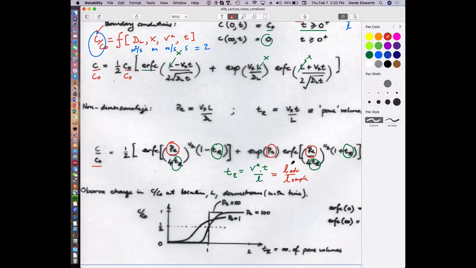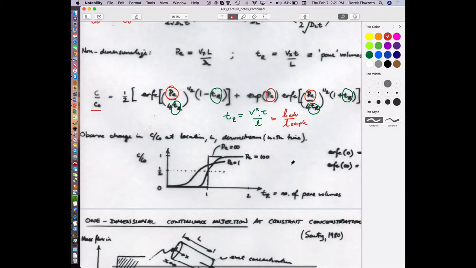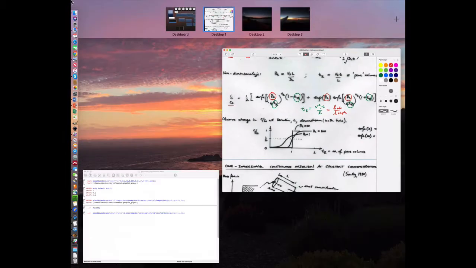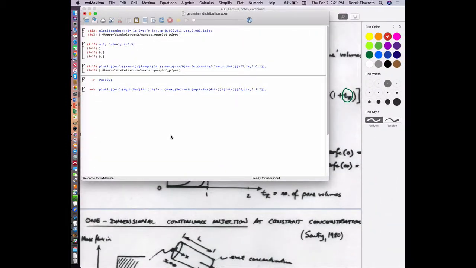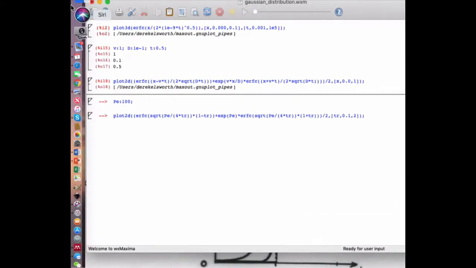It's filled up one complete pore volume of the core with the water that you've injected. And that's useful because it allows us to characterize the behavior in terms of these coefficients.